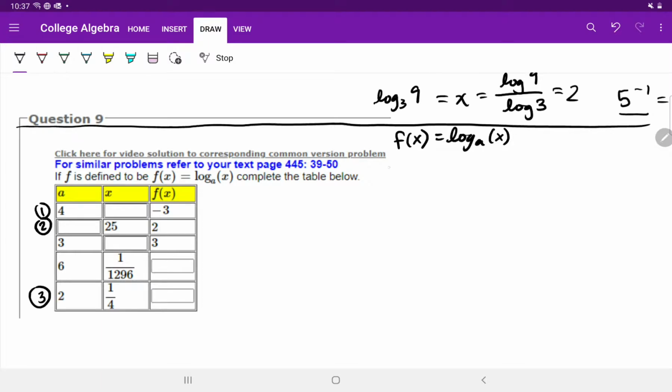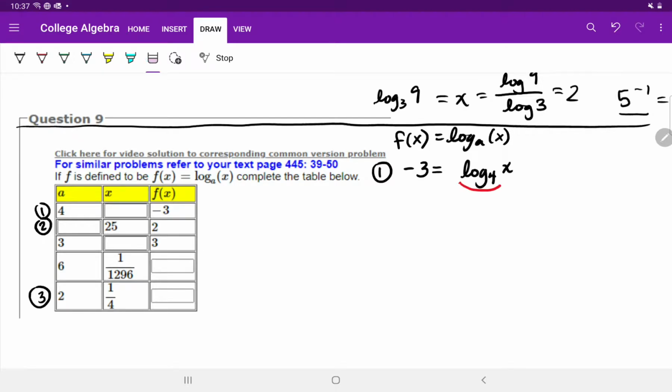So for our first problem, we are given an a value. So we've got log base 4. We are not given an x value, so that's an unknown, but our f of x value is -3. If we want to solve this equation for x, we're going to need to get rid of this log base 4.